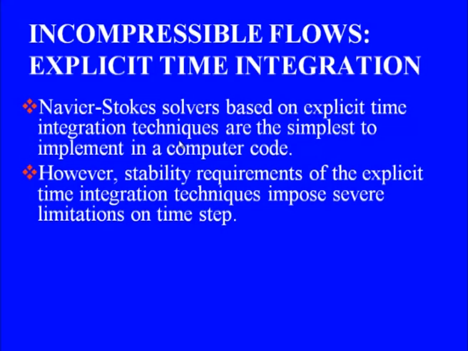In the same way, here the velocity components could be directly obtained from our momentum equations in terms of the values at the previous time step. But there is one problem: explicit time integration techniques have severe stability constraints, and that imposes limitations on the time step which we can choose.